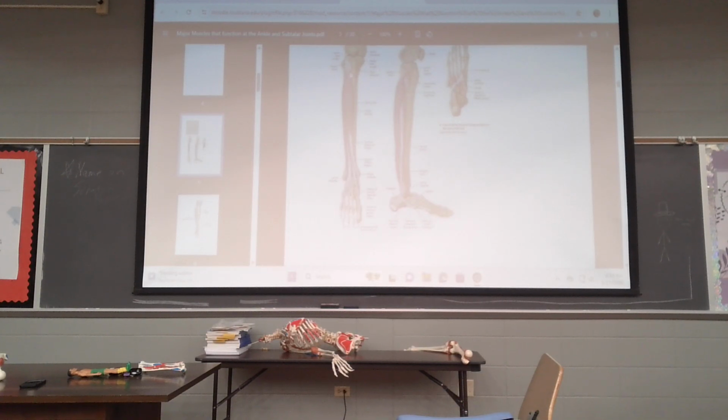So if I told you that the tibialis anterior, again, we're going to just try it a little different today, runs anteromedial, in other words, it has an anterior cross and it has a medial cross, right away we should be to the point where you're like, oh, well then it must be a dorsiflexor and an invertor.